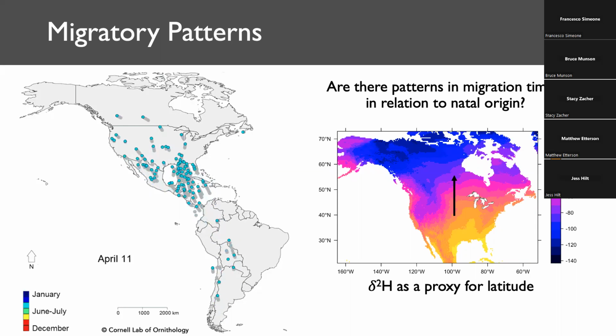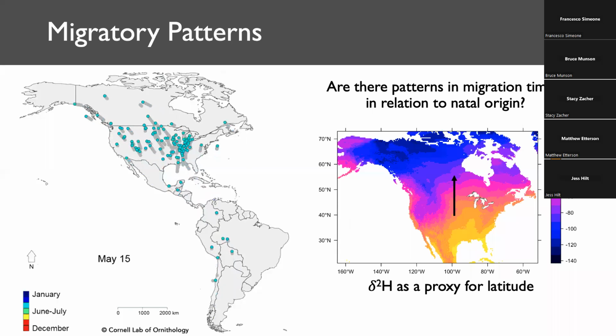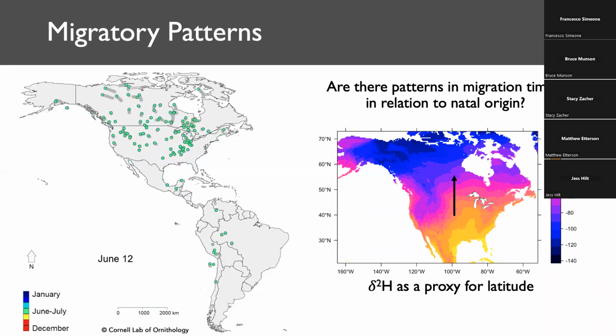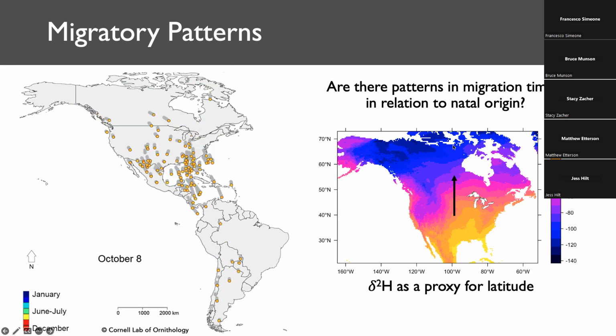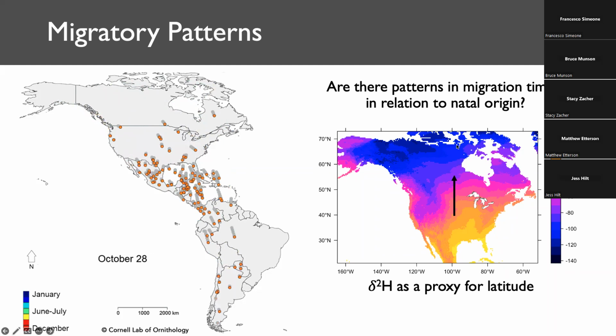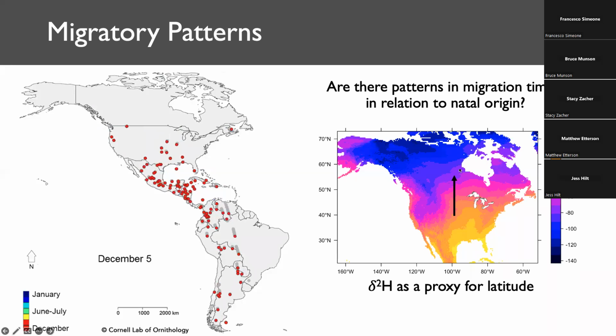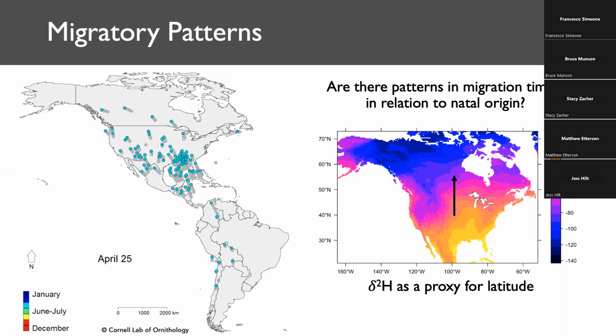Our question was, how does the banding date at Hawk Ridge relate to natal origin? Since hydrogen isotopes have this general latitudinal north-south trend, we used it as a proxy for latitude. We created a relationship between isotope value and banding date, and then looked for trends.